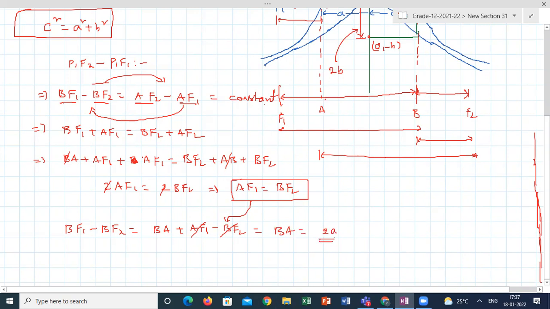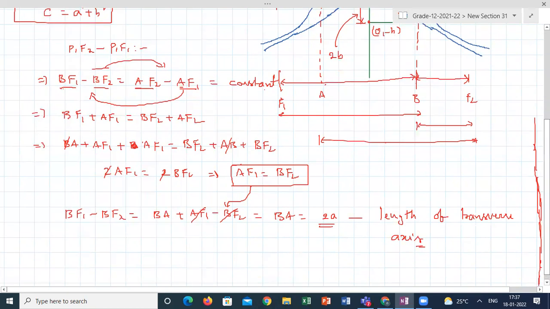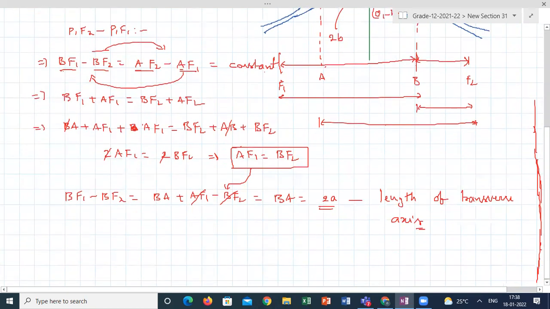So what does this mean? The constant is what? This constant is the length of the transverse axis. From this derivation, we can define the hyperbola in a different way also. Is it clear, students? What am I trying to conclude with this discussion?